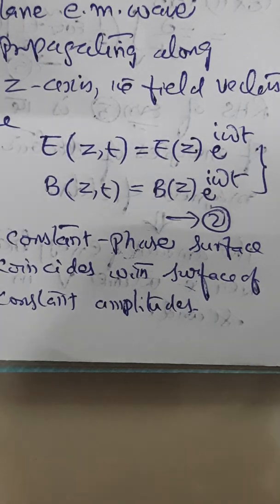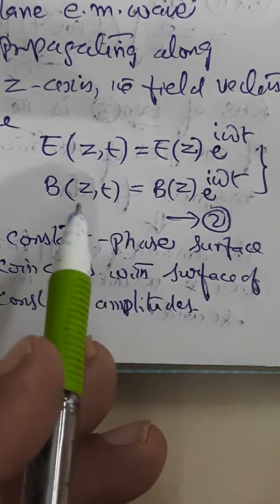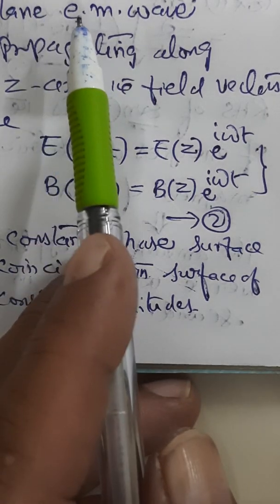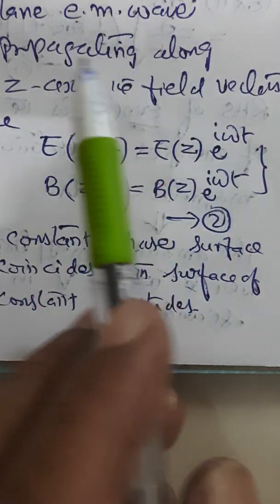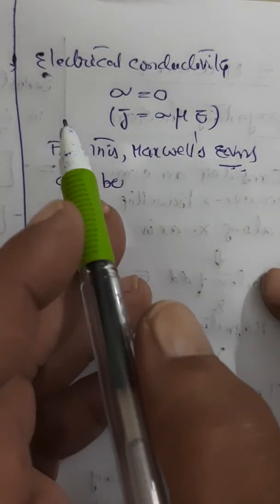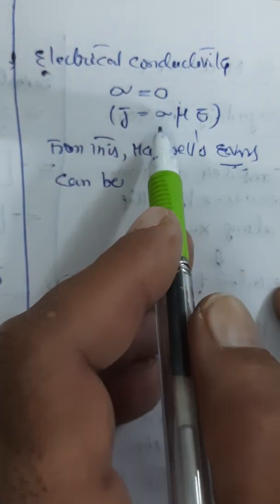Now let us consider a homogeneous unbound medium with permittivity epsilon and permeability mu. Then the electrical conductivity sigma is 0.